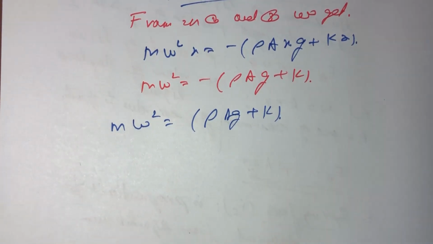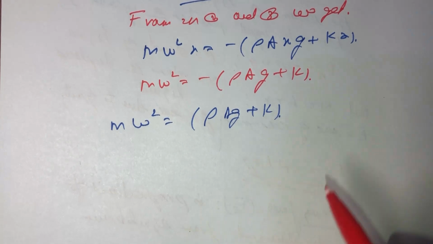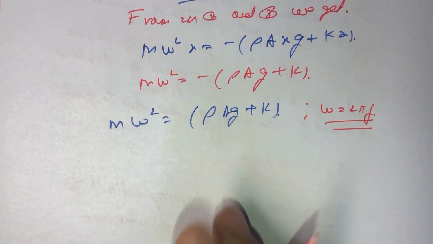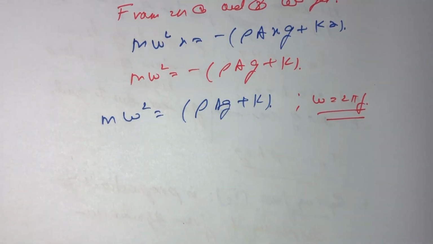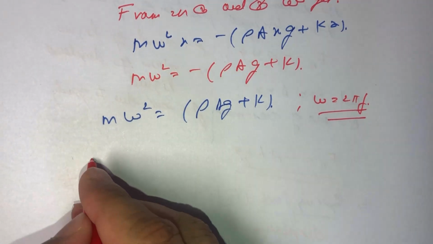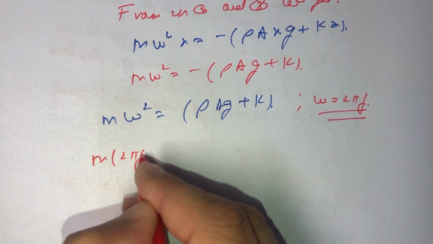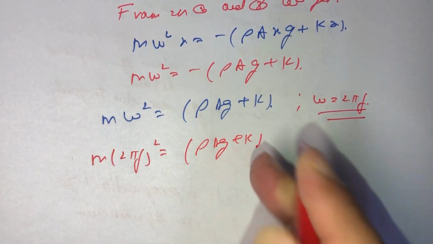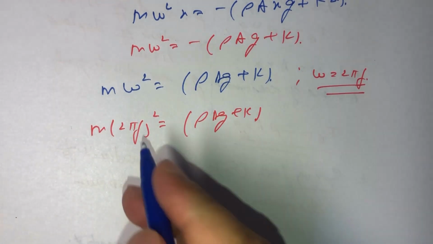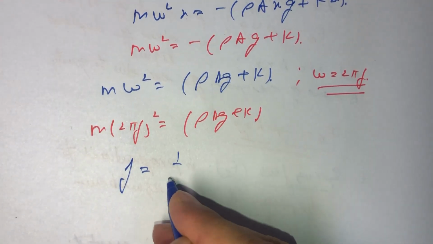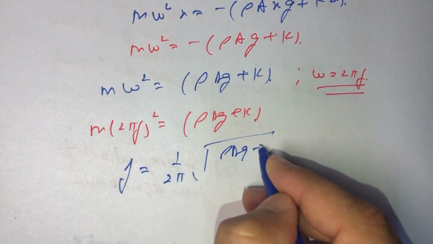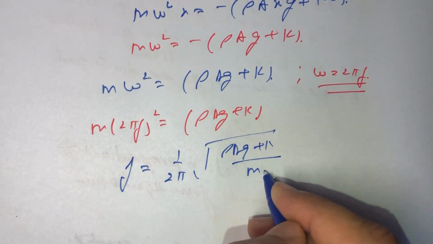Thus omega is equal to 2 pi f. So substituting here, we get m times (2 pi f) whole square is equal to rho a g plus k. Therefore f will be equal to 1 upon 2 pi square root of rho a g plus k upon m.